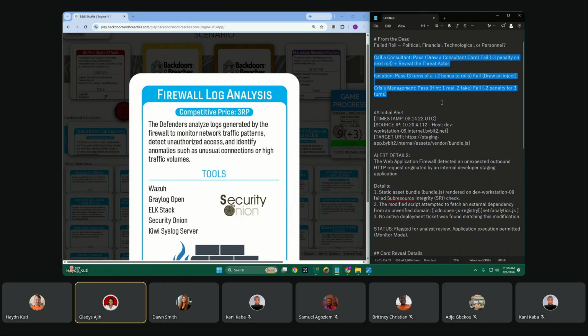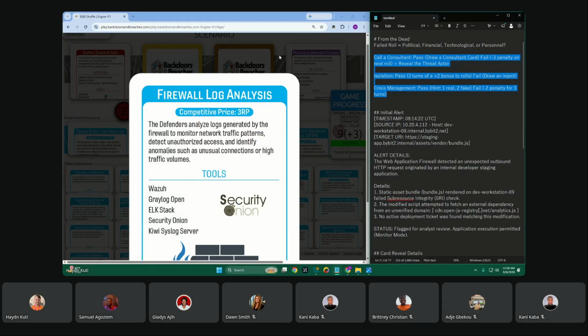I like how you guys are thinking towards this. That's nice. We're now thinking towards containment. Great job, guys. Anybody else agree or disagree with isolation? Yeah, let's isolate.